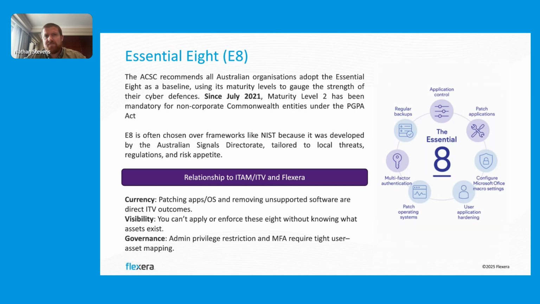One of the good things about this is it's quite a straightforward model in terms of using those maturity levels that have different stages that you can work through and assess yourself against. So one of the key things with this particular framework is that since July 2021, maturity level 2 has been mandatory for non-corporate Commonwealth entities.